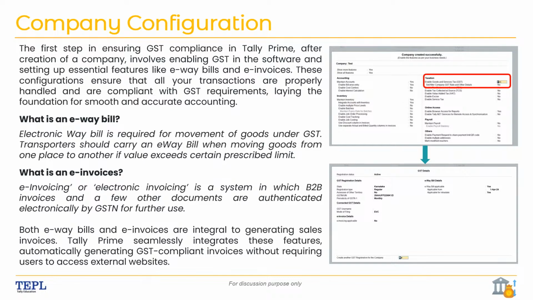So you will have to disclose things like vehicle number, vehicle make, then the distance from the supplier to the buyer's place. All of those details have to be uploaded.